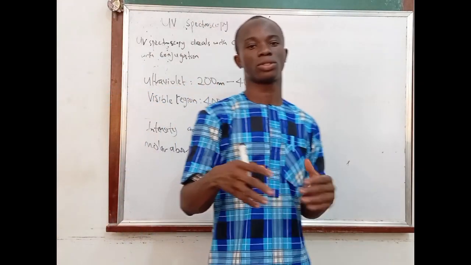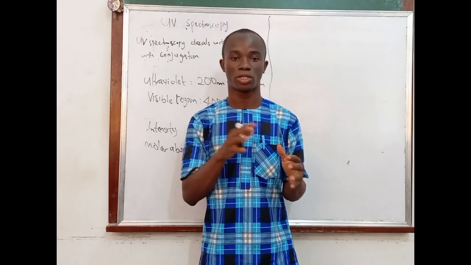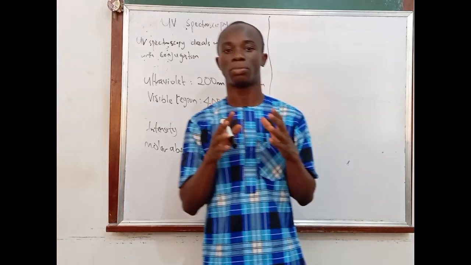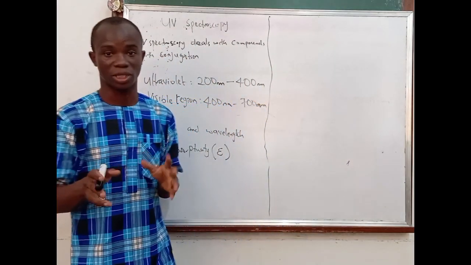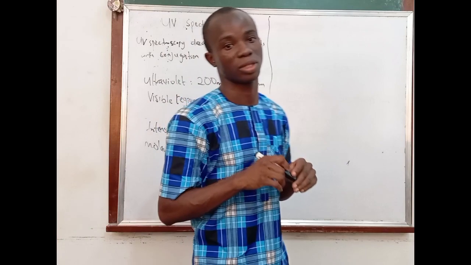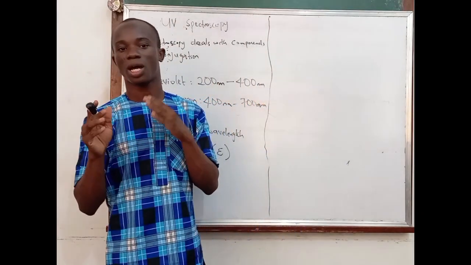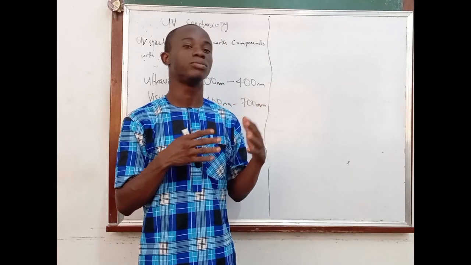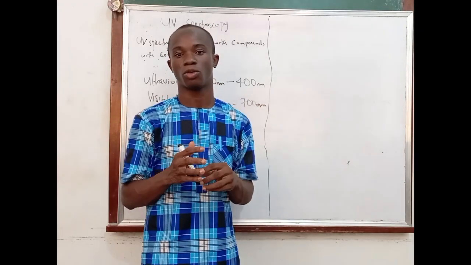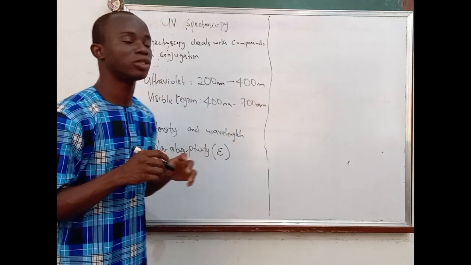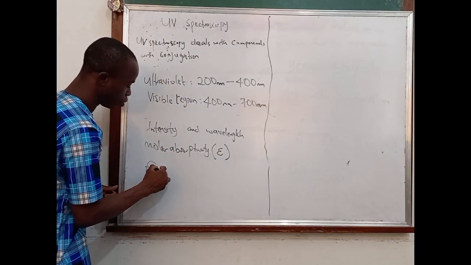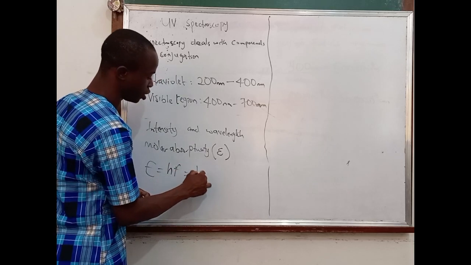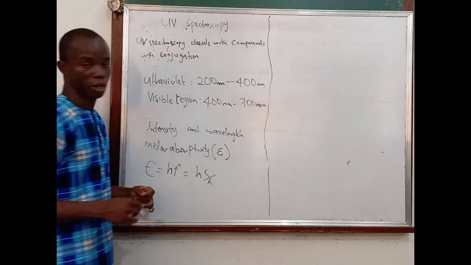At the same time, we must not mix up the intensity of absorption and the energy of the absorbed light. Those are different things. Intensity is not the same thing as energy. We can recollect that in the introductory lesson for spectroscopic techniques, we mentioned that energy equals hf, which also equals hc over lambda.